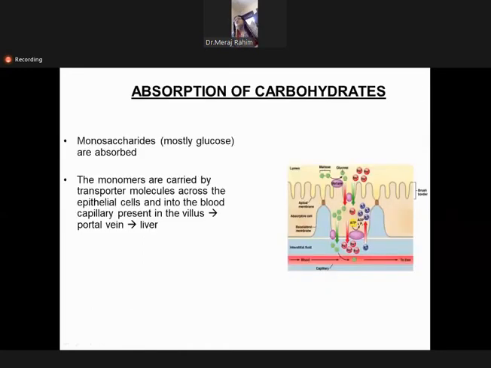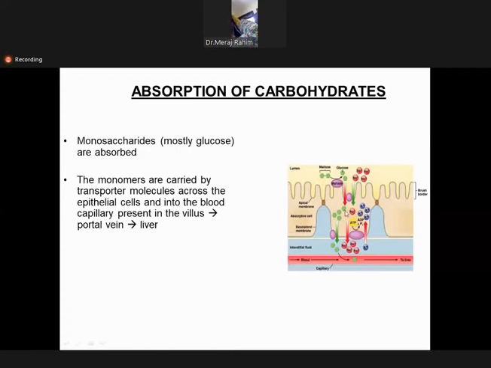So, students, I hope you understood that the glucose is absorbed in the form of monosaccharides, and the monomers are carried and transported from the intestines, which we discussed. Absorption occurs, and they take the nutrients to the liver by the portal system.